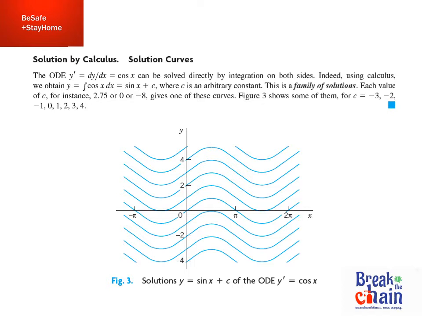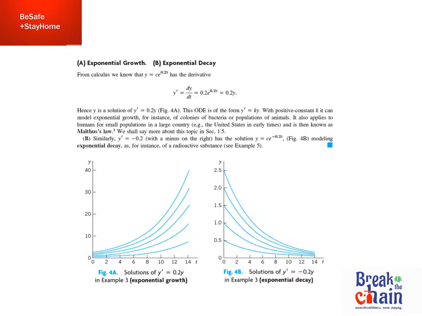So in the solution, figure 3 shows many curves corresponding to different values of c. So all these curves are the solutions of the given differential equation y dash is equal to cos x. So in this way also you can say what you mean by the solution of a differential equation.